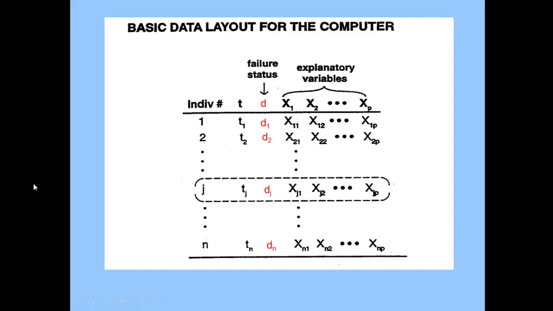You have a line of data for each person in your data set that describes what happened to them, whether they were censored or their survival time, and what these other variables are. So that's one key thing.